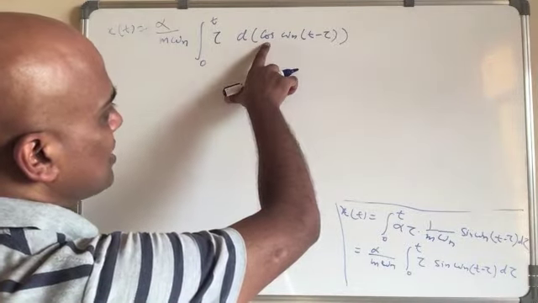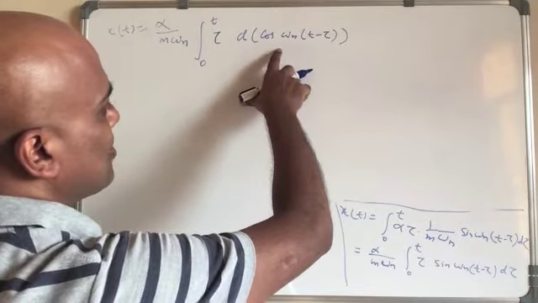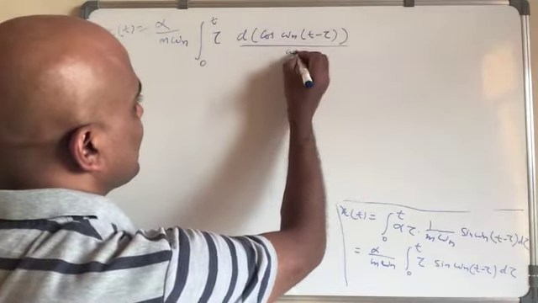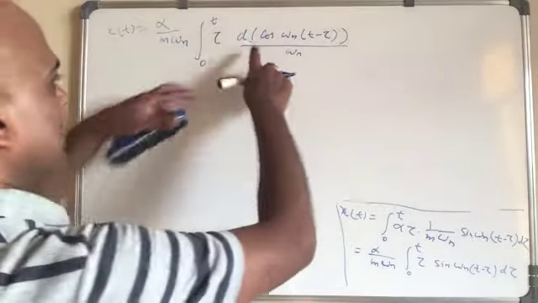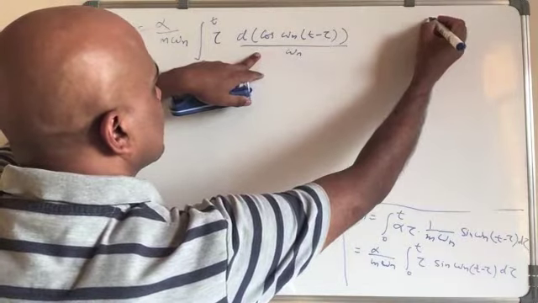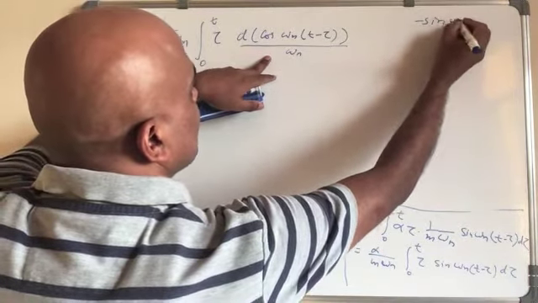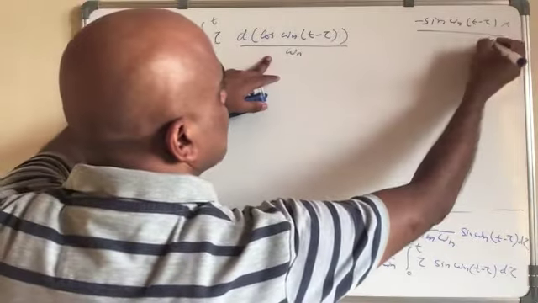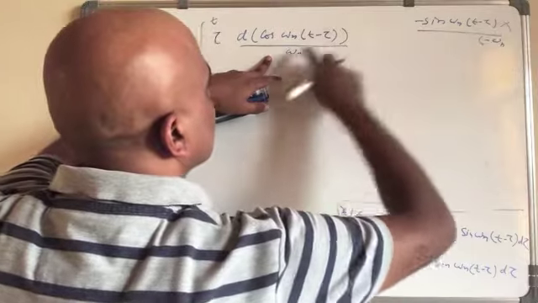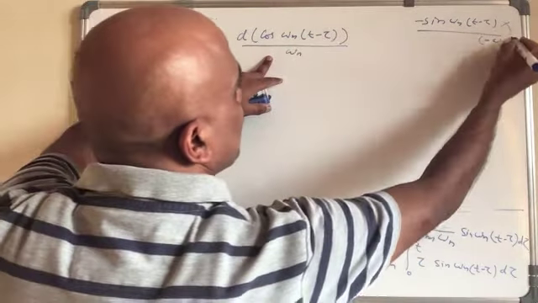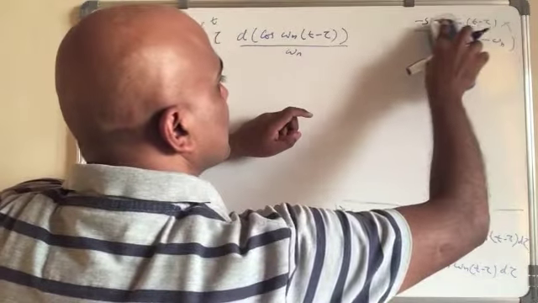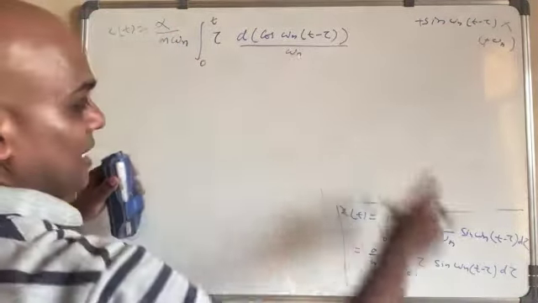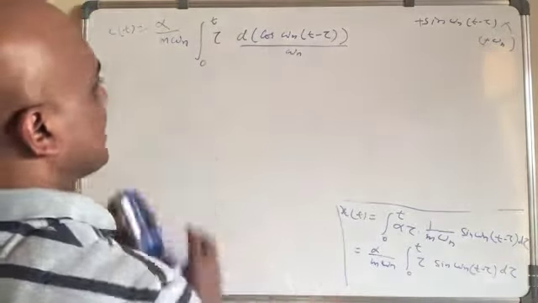Because if you differentiate it, you get minus sine omega n (t minus tau) multiplied by minus omega n, so minus becomes plus, and dividing by omega n we get the original sine omega n (t minus tau). So this is correct.